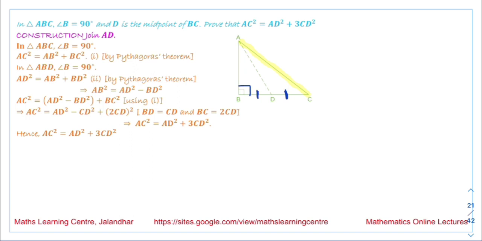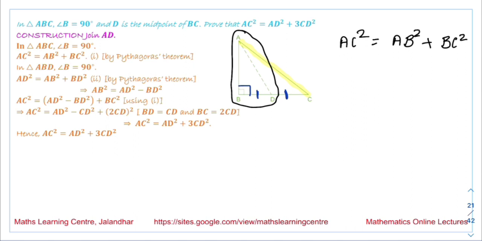So when we are talking about this right angle triangle ABC, we will have AC square equal to AB square plus BC square. When we are talking about the triangle ABD, the result we have corresponding to this is AD square equal to AB square plus BD square.